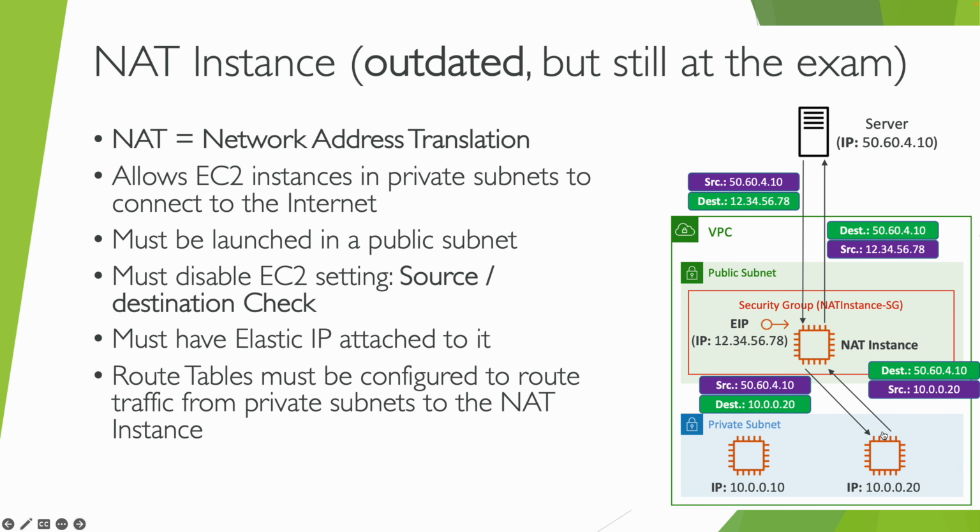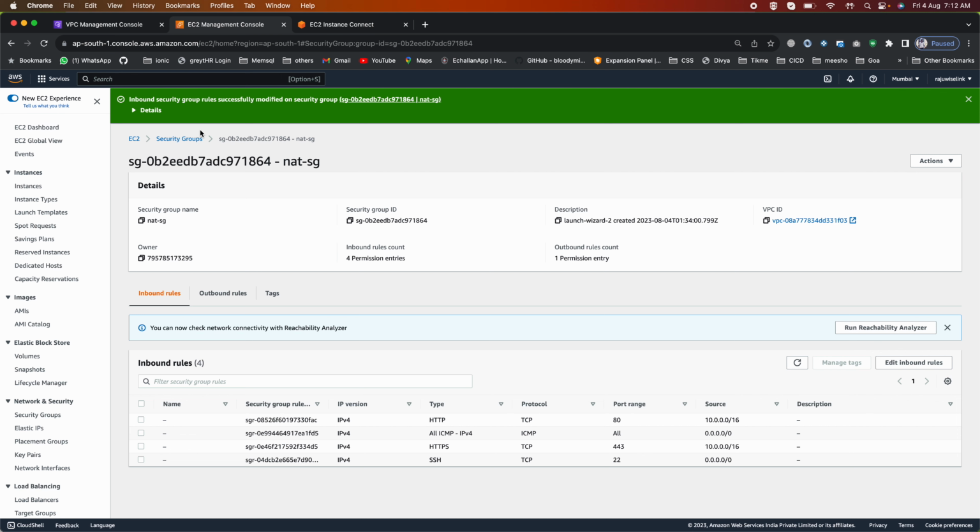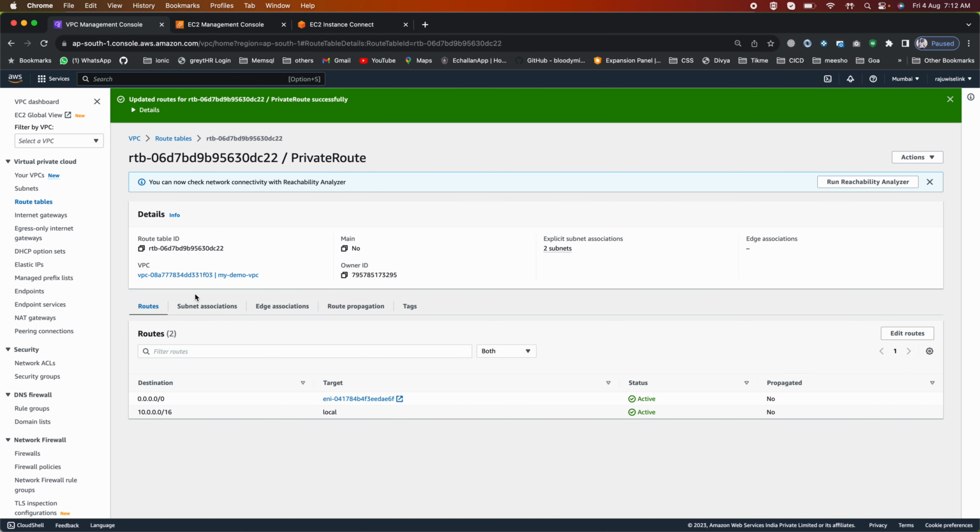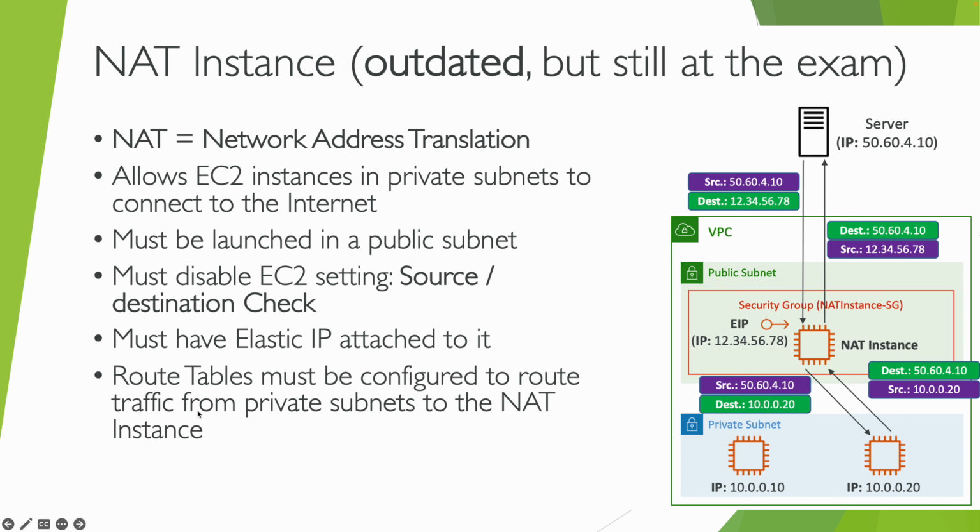So here we have defined these route tables for the private subnet. For the private subnet, we have defined these two routes. If you try to connect to any IPs which start with the 10.0.0.0/16 pool, it will go directly to those EC2 instances, because these are all in the same network.